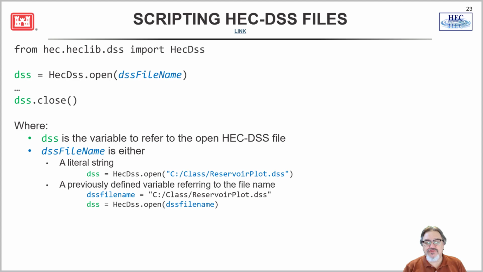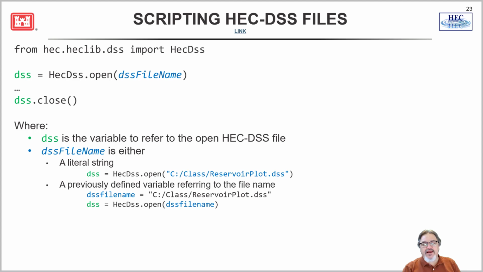So when I am using directory names and file names in programming, I always use forward slashes, and I suggest you do the same. There are other ways to work around this. You can use double backslashes, or you can use Python raw variables. We won't get into that right now. It's just simpler to use forward slashes in file names.